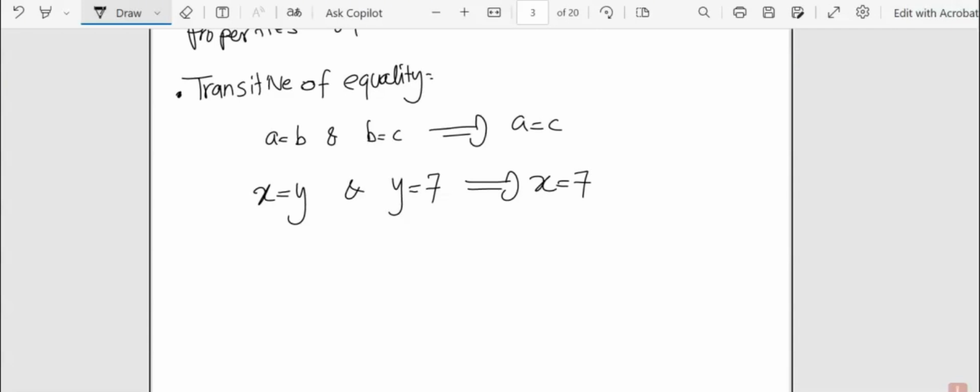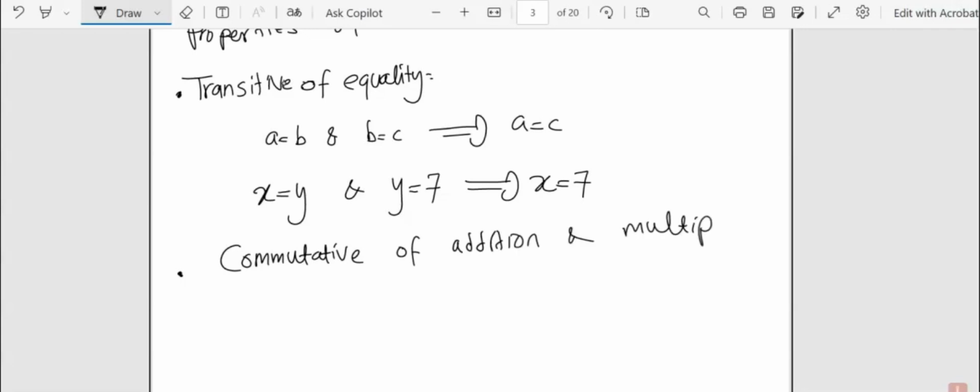Okay, also another one that you are familiar with, I'm sure, but let's say it: the commutativity of addition and multiplication. So a plus b is the same as b plus a. For example, 3 plus 4 is equal to 7, right?